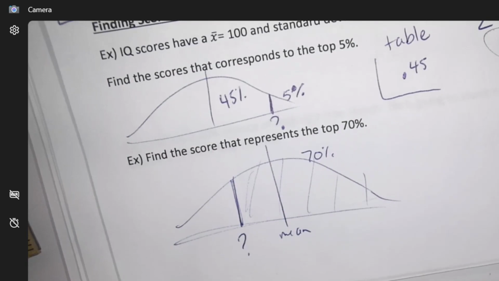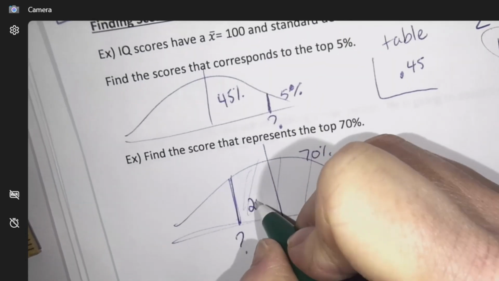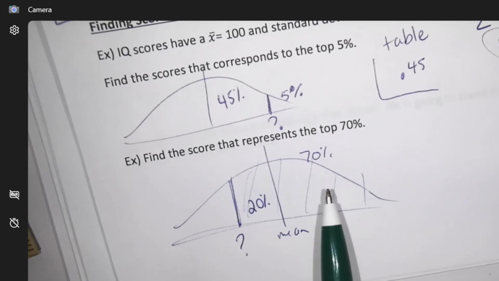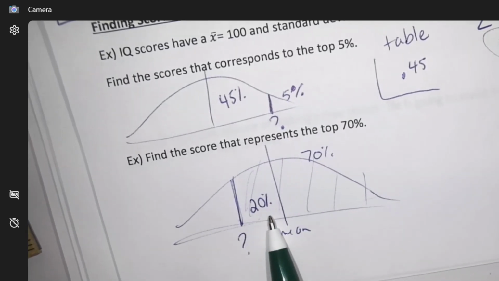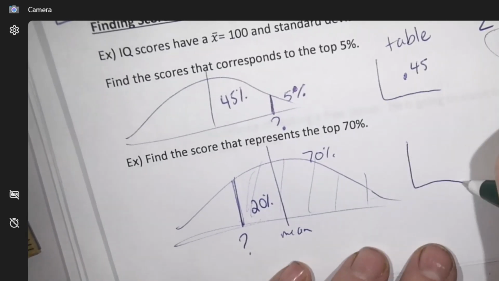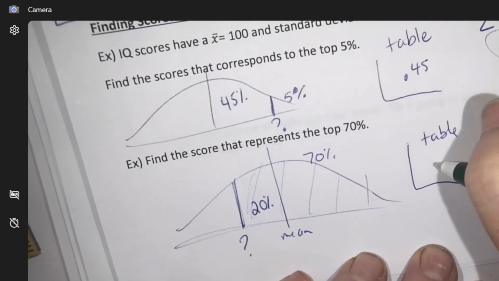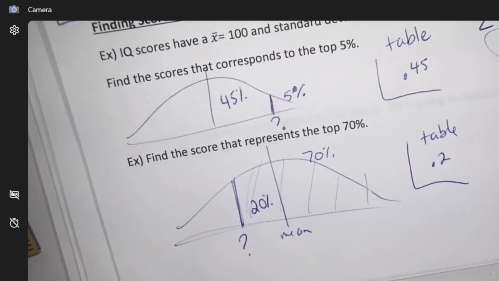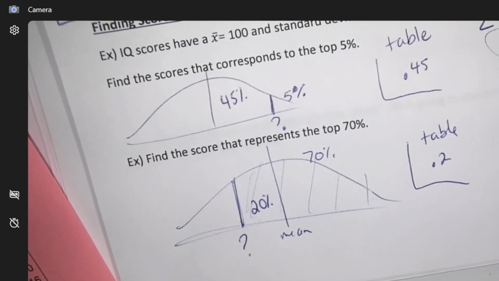So once you think about that, what's the percent from me to the middle? 20. Okay, because this half is 50, so there's 20 in that zone. So you need to do a table, and you're going to look for something closest to a 0.2 on the table. And didn't we just have that one? Where am I imagining? No. Okay, 0.2.